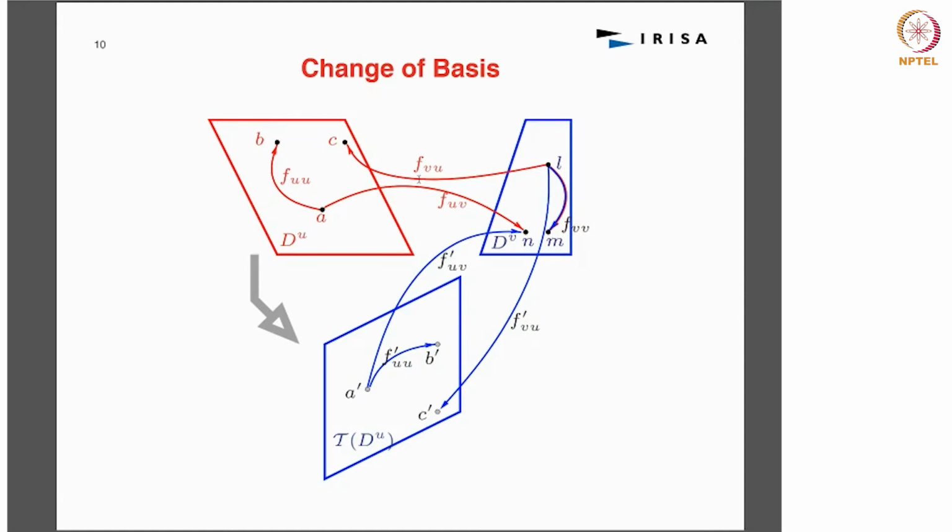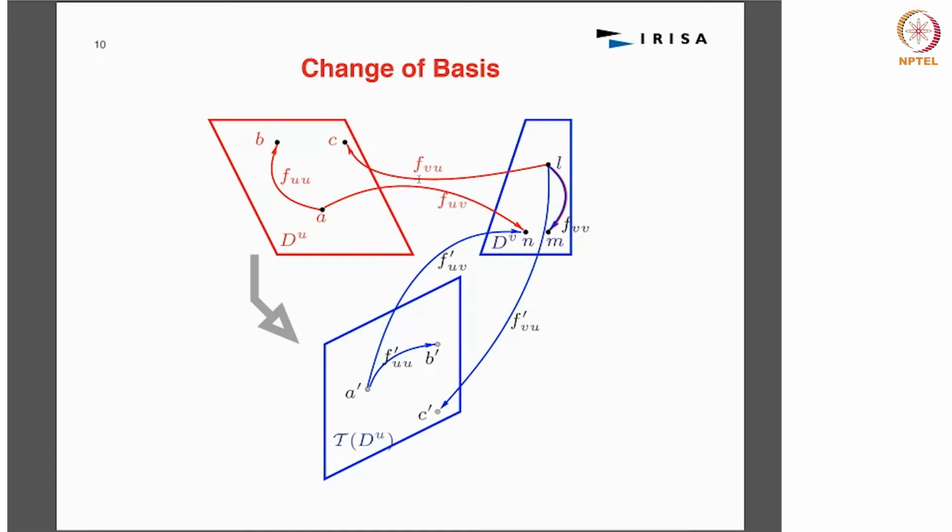Yes, if we apply the same transformation to the function also. My job is to mathematically construct this new function f prime VU given these old functions f_VU, f_UU, etc. I want to do it systematically and correctly.